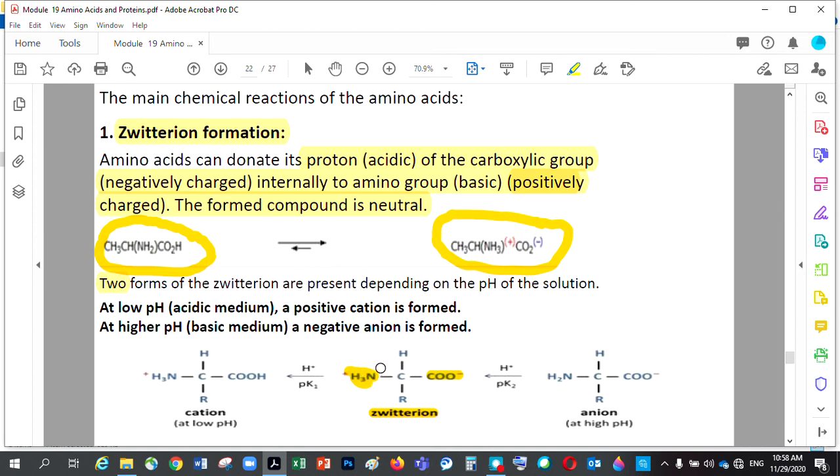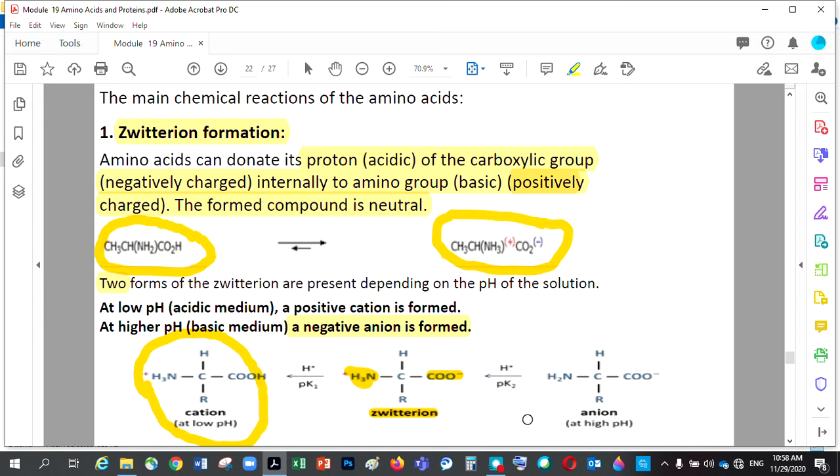Now, it depends on the pH of the solution. If you have a very acidic solution, the pH is very, very low, and the solution is said to be acidic, then this type of structure, the cation, is preferred.